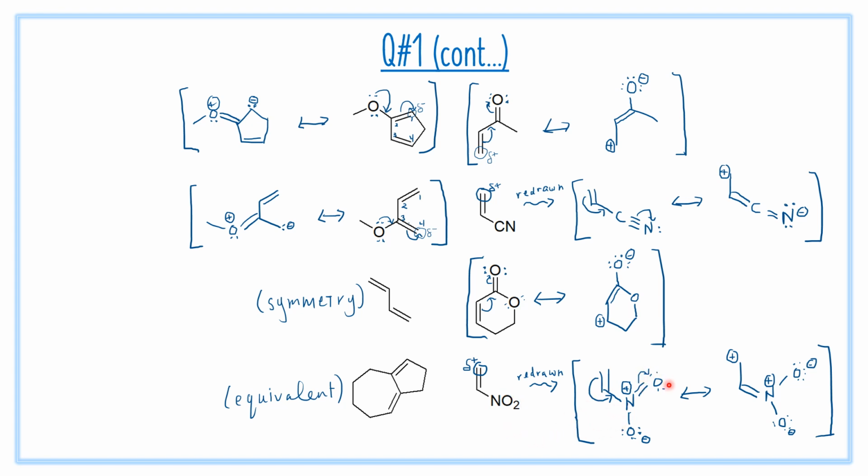Double bond breaks to the oxygen to give a lone pair, creating a negative charge. And then the double bond breaks over here, transfers over, creating a positive charge over here, making this carbon the least electron dense.